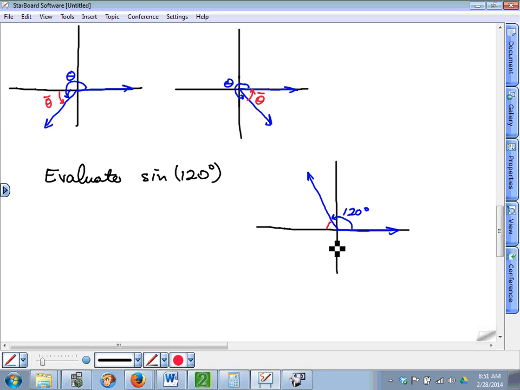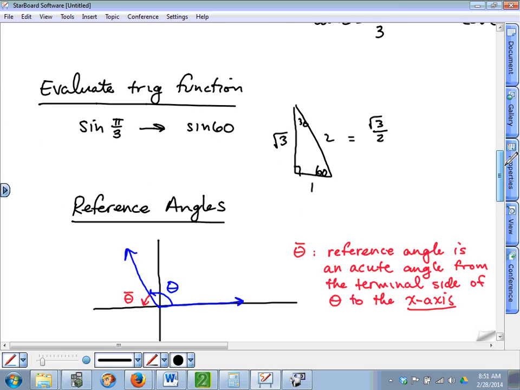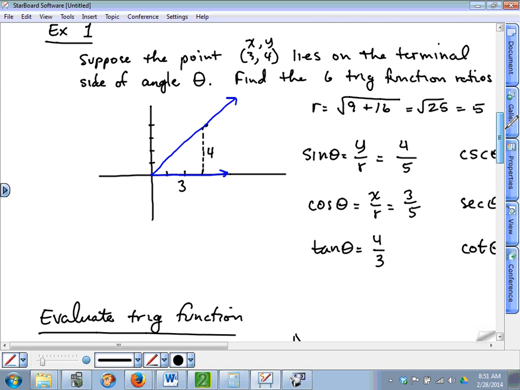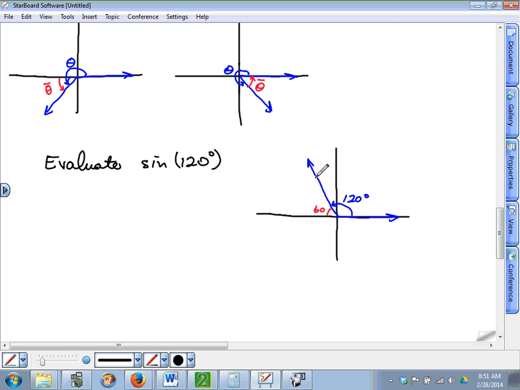What's the reference angle? 60. So now if we made use of what we just barely talked about, this whole idea of y over r and x over r, if we imagine some point on the terminal side and made a triangle out of this, what kind of triangle is this? Now it's a 30, 60, 90 triangle.